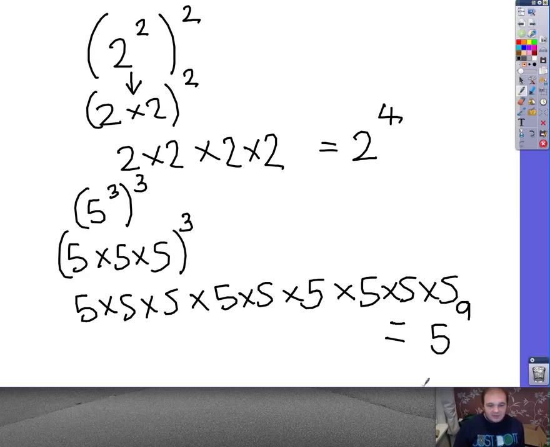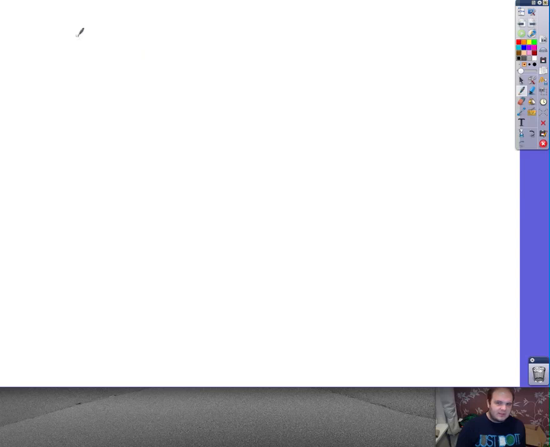Now hopefully you've spotted what's happening here. We had 2 squared, all squared gave us 2 to the power 4. We've got 5 cubed, all cubed, then end up with 5 to the power 9. So in terms of a rule this time, if you've not already spotted it, rule 3, we're going to be using these in the lesson.